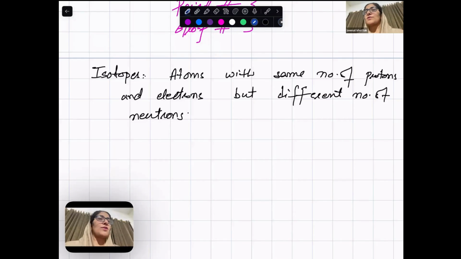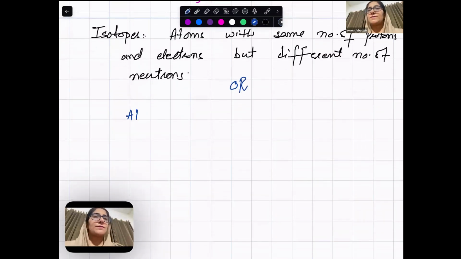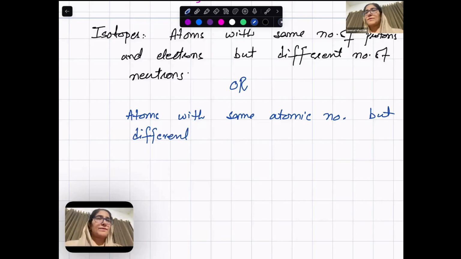Or atoms with the same atomic number but different mass numbers, the nucleon numbers.